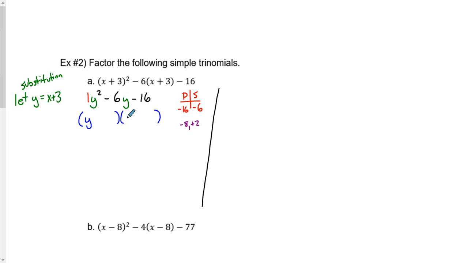We have y squared, so we're going to write a y. Subtract 8, add 2. But since we haven't finished up our question, we're going to finish it up. We have y. Well, y is x plus 3.